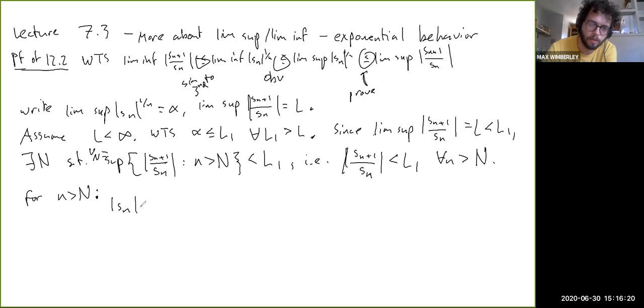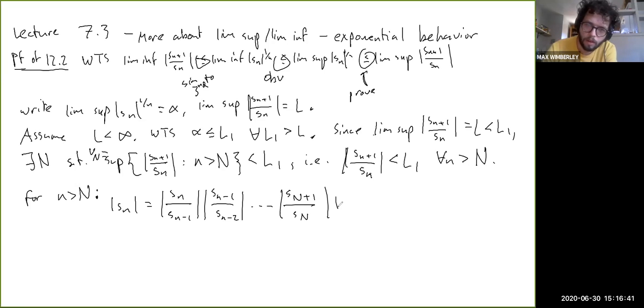So we have Sn equals Sn over Sn minus 1, Sn minus 1 over Sn minus 2, and so on to S N plus 1 over S N, times the absolute value of S N itself, right?